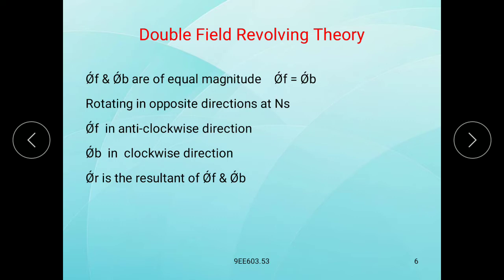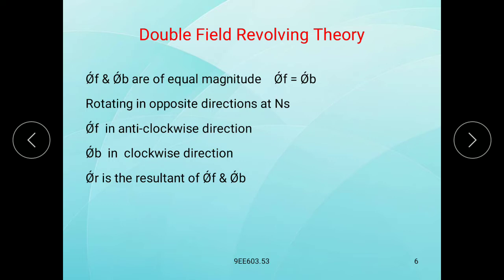In the double revolving field theory, the forward flux and the backward flux are equal in magnitude, that is, phi f is equal to phi b. Phi f means the forward flux and phi b means the backward flux.